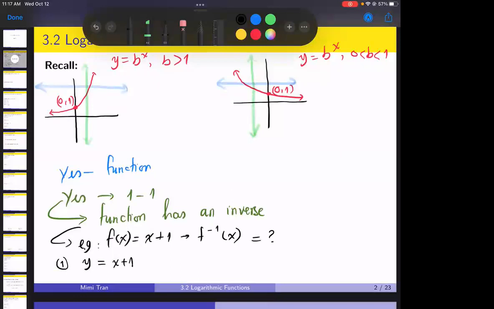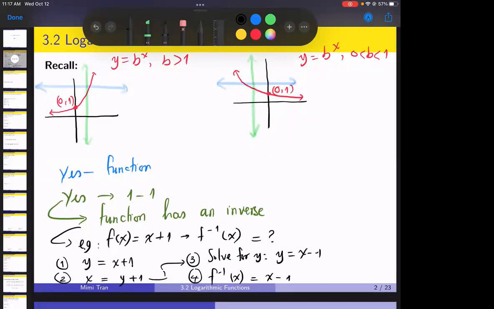Step 2: swap x and y, so x equals y plus 1. Step 3: solve for the new y. Subtract 1 from both sides, so y equals x minus 1. Step 4: substitute that y with f inverse. So that's the basic way of finding the f inverse.